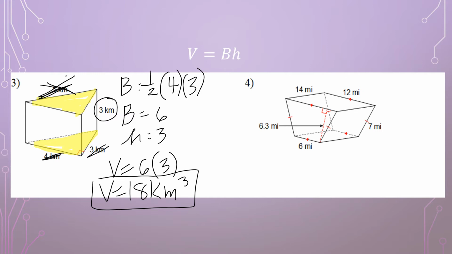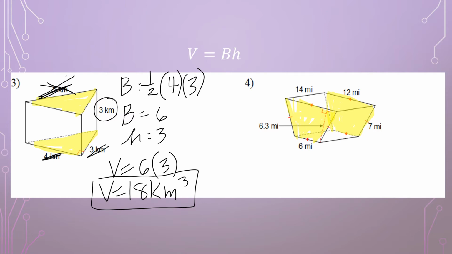For number 4, it is a trapezoidal prism, so this is one base, and then this one is the other. Again, the rectangles make up the lateral edges, the lateral faces of our prisms.